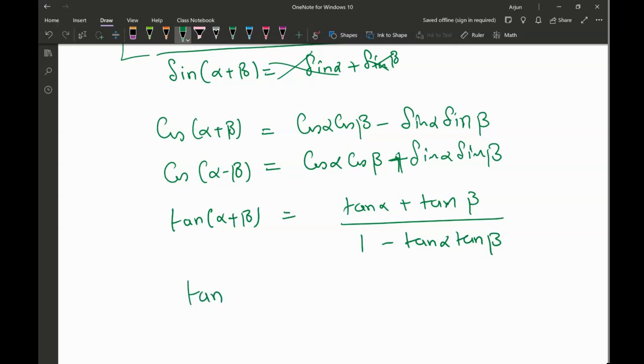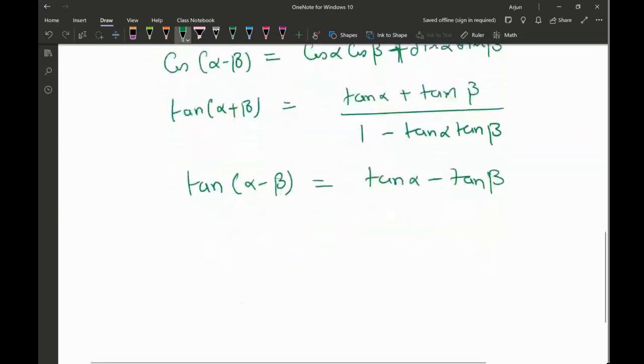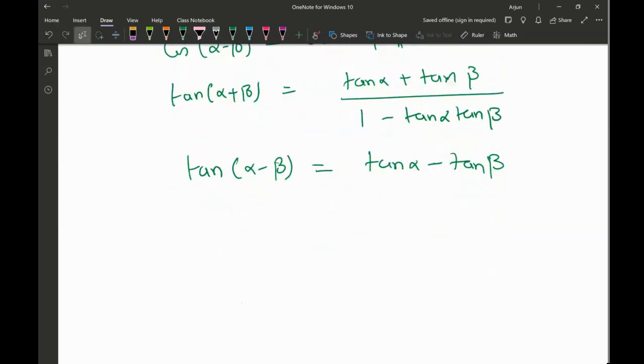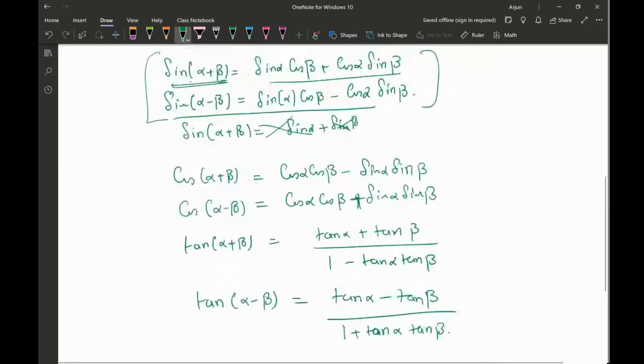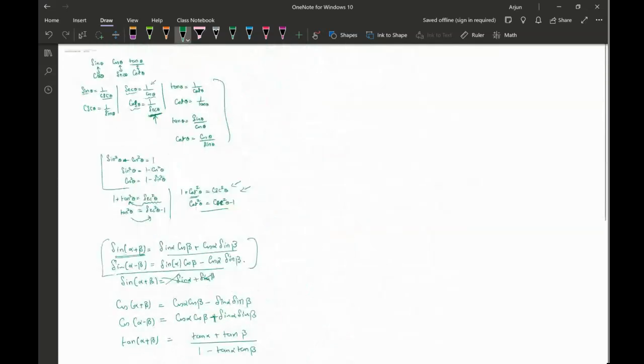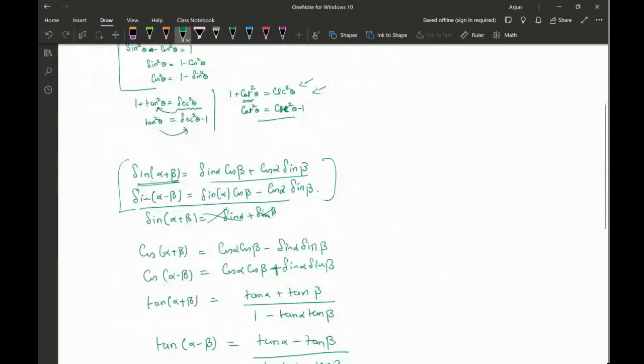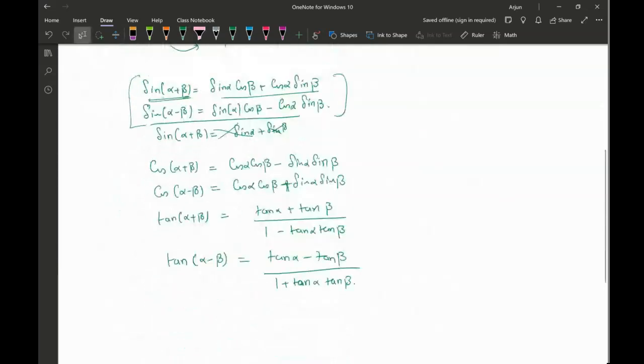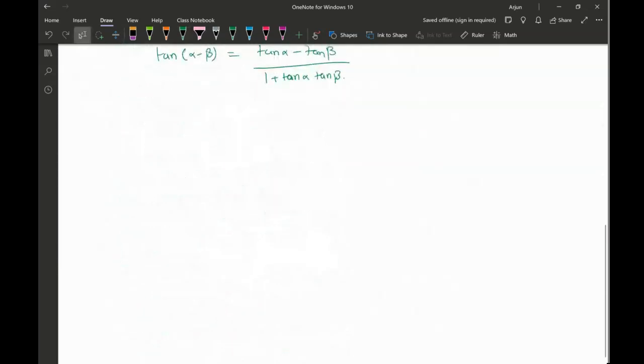And the last formula, tan alpha minus beta equal to tan alpha minus tan beta divided by 1 plus tan alpha tan beta. You can write it in this format. So if any of these identities is not given to you, you can always write them on the formula booklet, but no more than that.